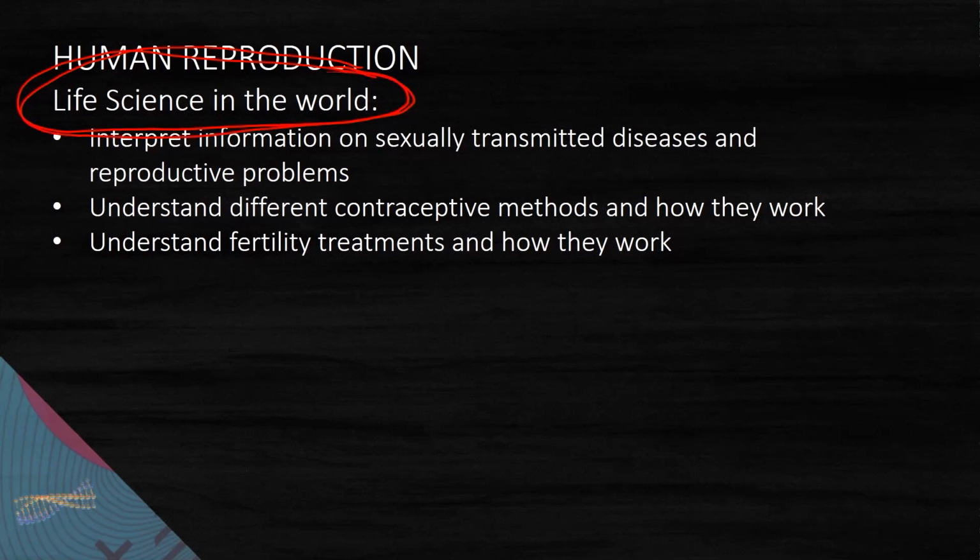And many questions that you will be asked will be on something that is topical, but you will also have to be able to link what you've done in class, the theory that you have done, and link it to real life situations. So most of these questions in this life science in the world are interpretive questions.